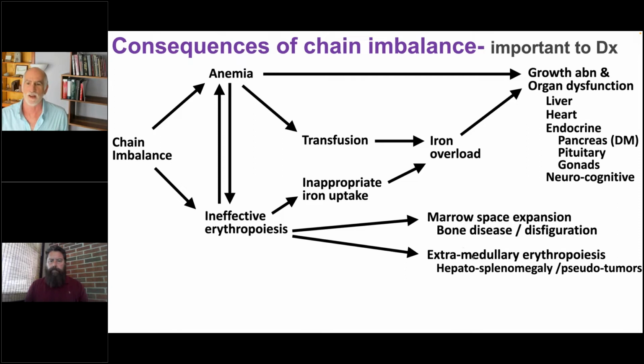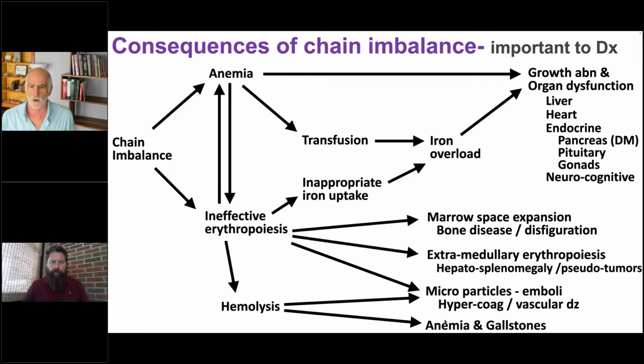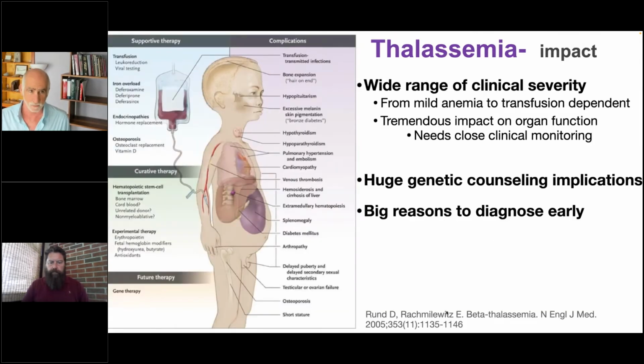It leads to extramedullary erythropoiesis, leading to hepatosplenomegaly and pseudotumors along the spine. It can lead to microparticles that are both emboli, and this leads to both hypercoagulation and vascular disease. And it leads to hemolysis, which leads to more microparticles and anemia and gallstones.